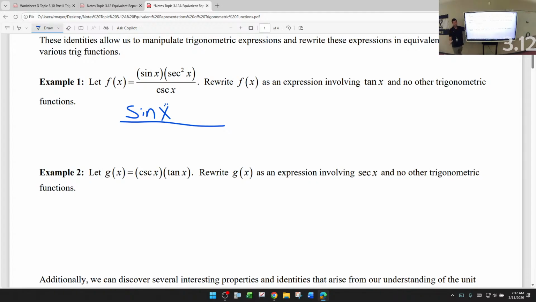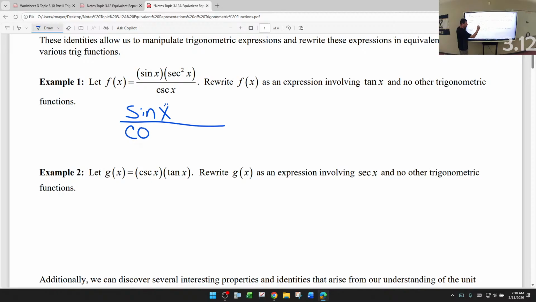I have a bad habit of dropping variables, so y'all catch me on that when I do it, right? I just did it right there. I put sine and didn't put the variable with it. So I'm going to put secant squared on the bottom as cosine squared, because secant squared is 1 over cosine squared.